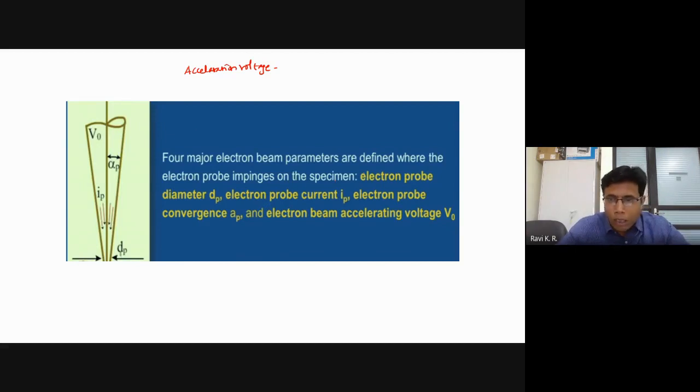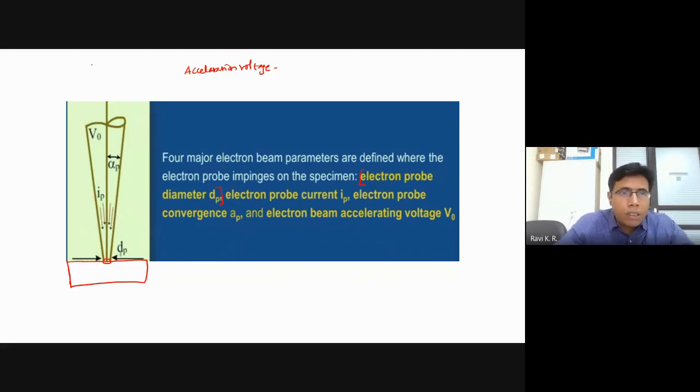One is the electron probe diameter. If this is your sample, this is the probe diameter.